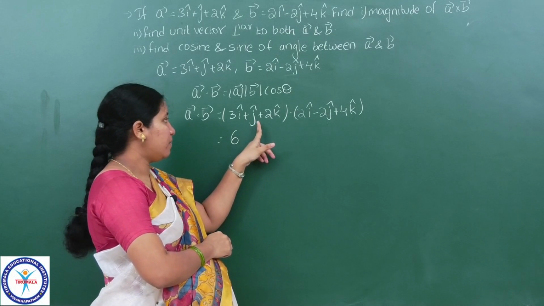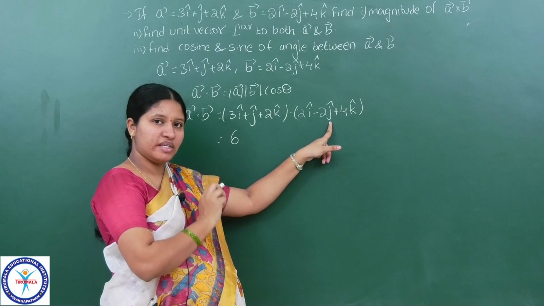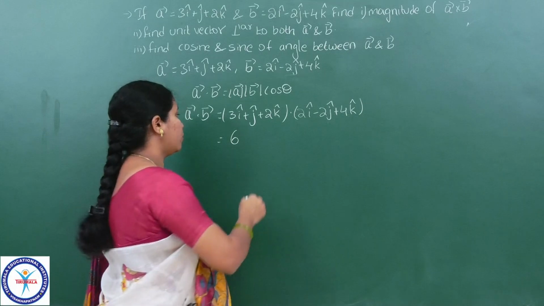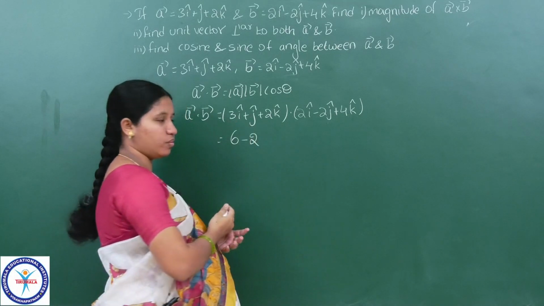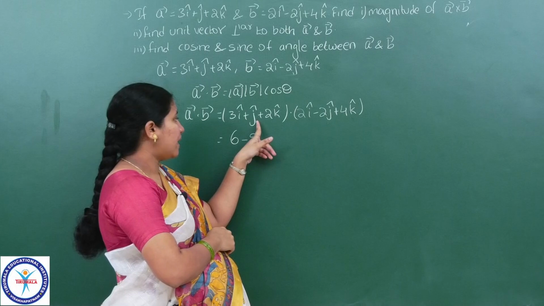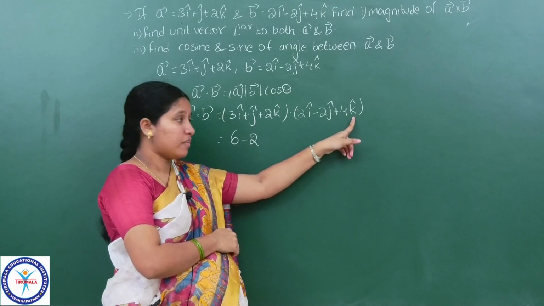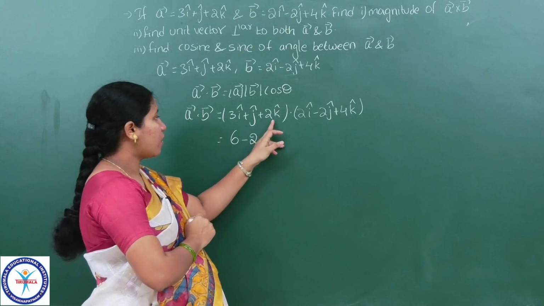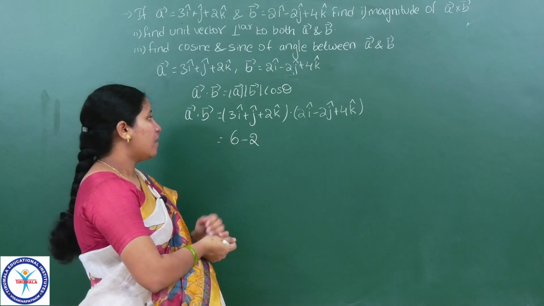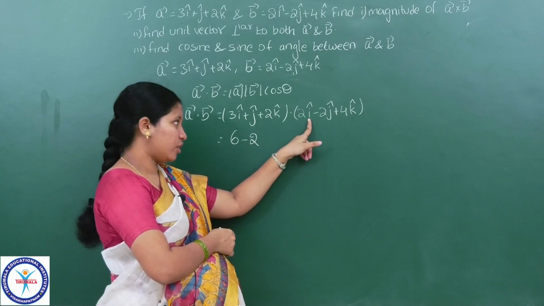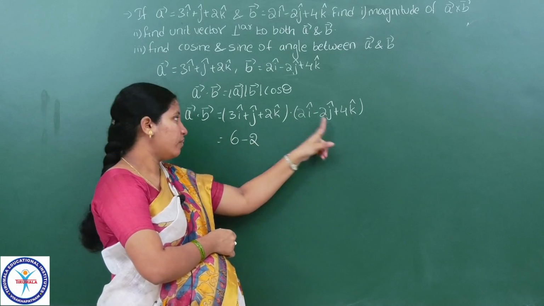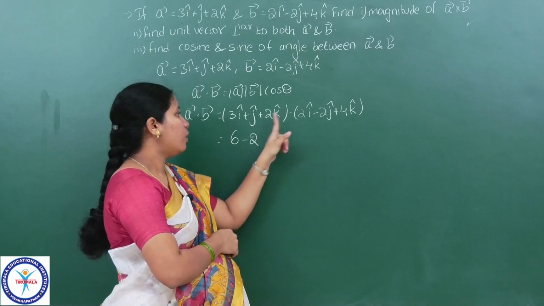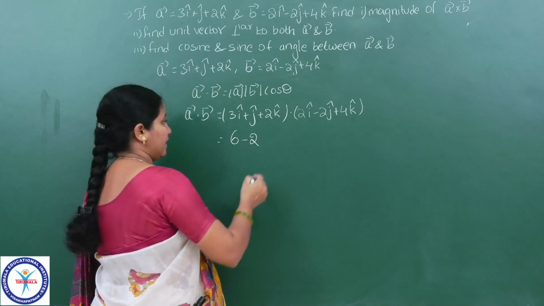So the next term will be j dot j. j dot j is 1, hence multiplying its coefficients 1 into minus 2 gives us minus 2, and multiplying j cap with 4k cap, j dot k is 0, so the term will be 0. Now coming to the third term 2k cap, k dot i is 0, k dot j is 0. So k dot k is 1, hence multiplying the coefficients 2 into 4 gives us 8.